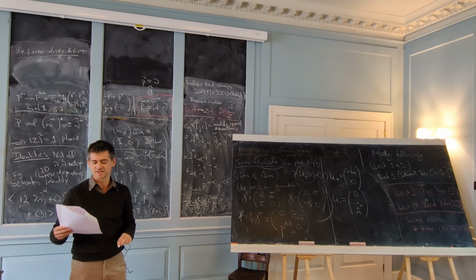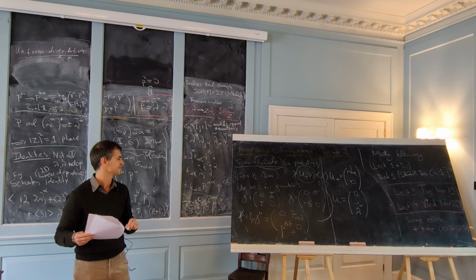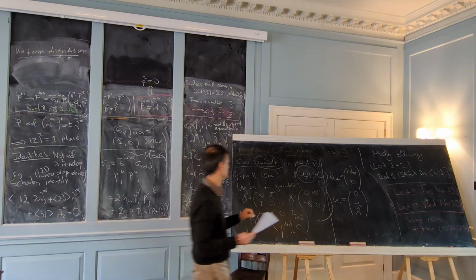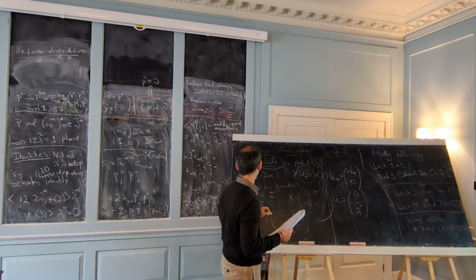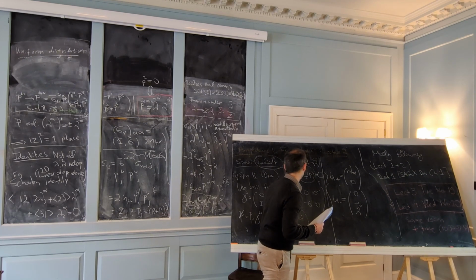Who doesn't see why this is the case? Don't be shy if you don't see it. This has to do with the fact that you are multiplying this matrix from the left.